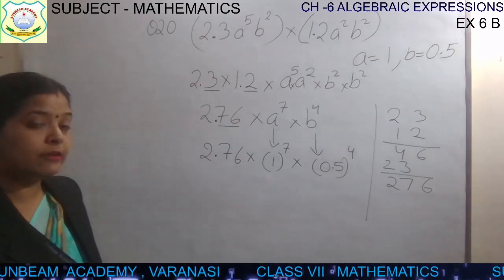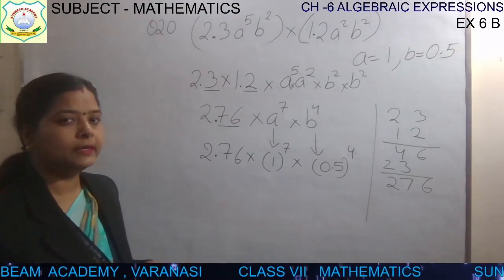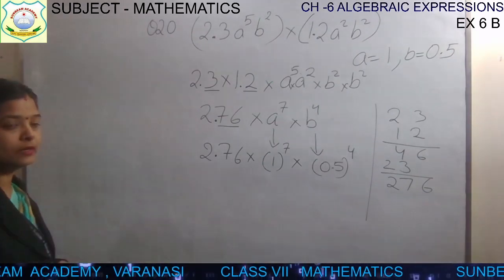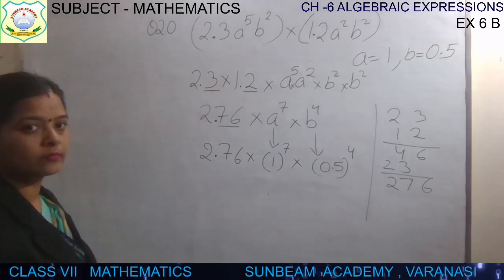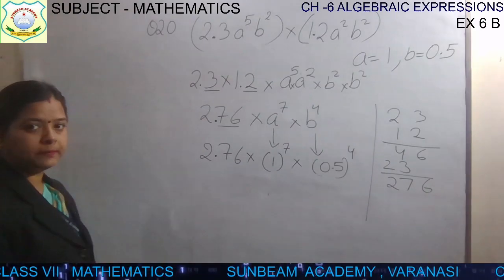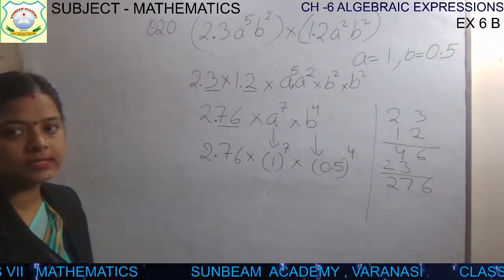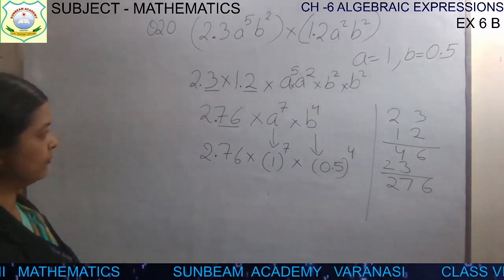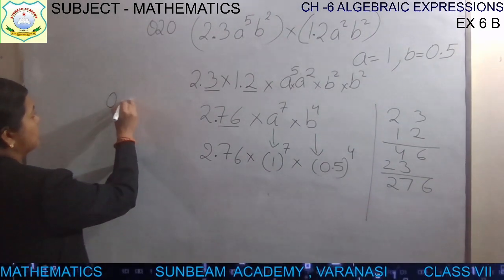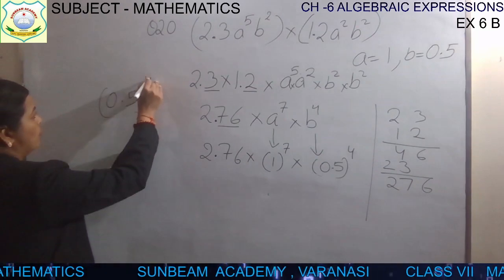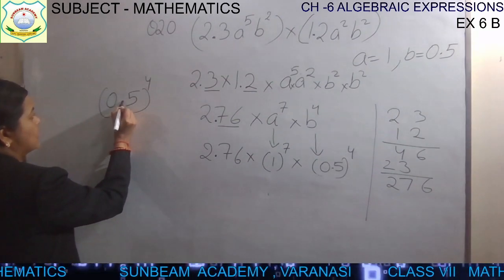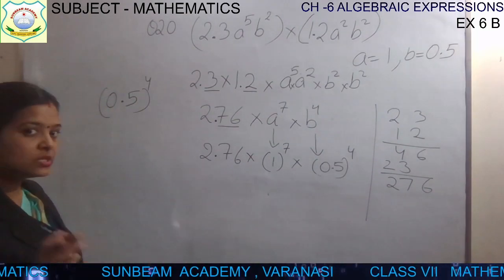Children, it's just like 5 to the power 4. But let me explain you because you are beginner. When you will multiply 5 to the power 4, the value is 625. Okay, we have to multiply 0.5 to the power 4, but instead of this, I am not taking this decimal point, I am just taking the number.